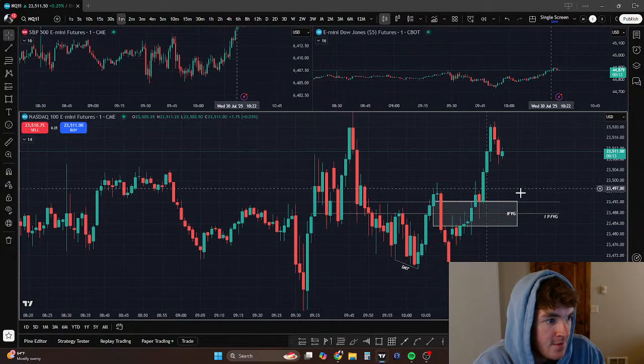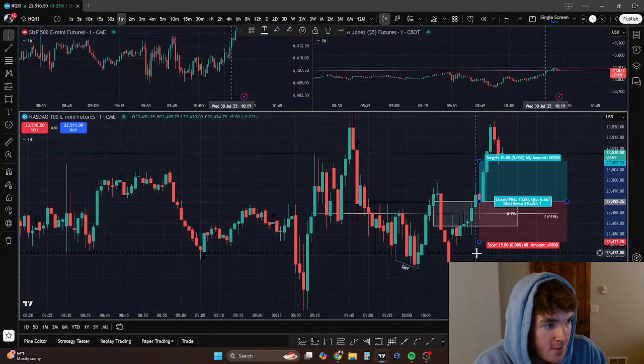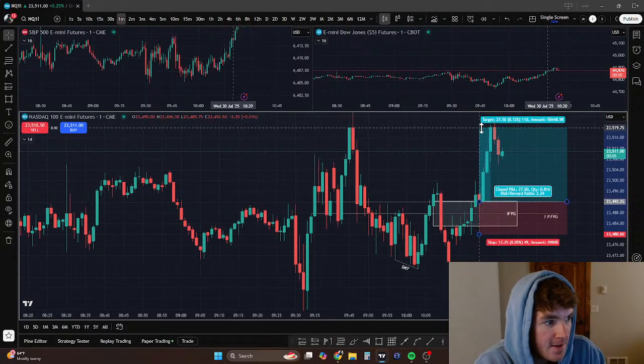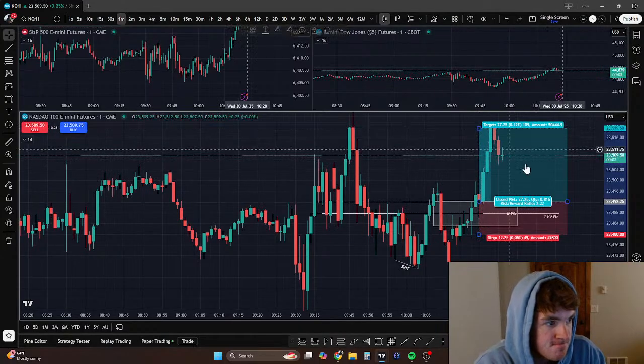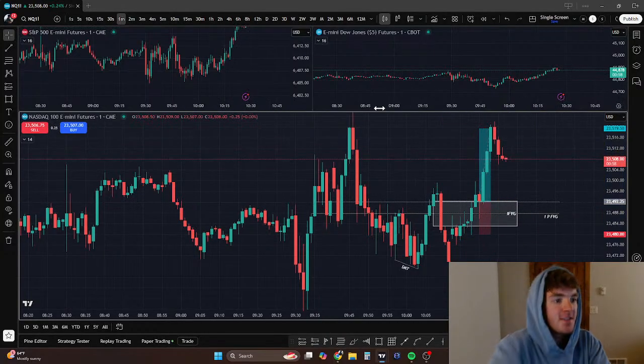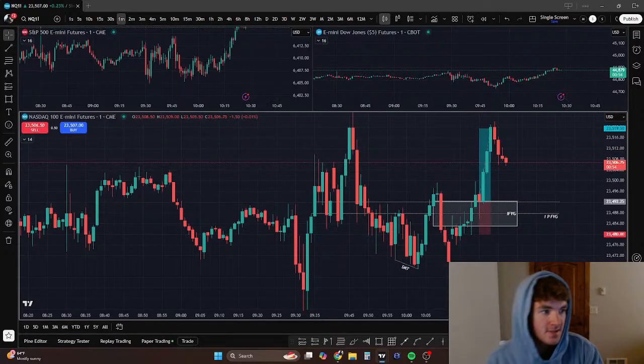Right. Inverse fair value gap. Entry on the first presented fair value gap. Bang. Right? Once again, this is the benefit of ignoring people. I'm going to ignore people because there's opportunity.